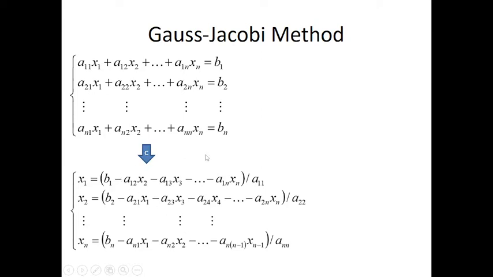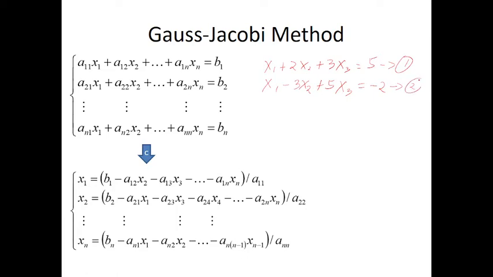So for example, let's say I have x sub 1 plus 2x2 plus 3x3 equals 5. This is my first equation. My second equation is x sub 1 minus 3x2 plus 5x3 equals negative 2.